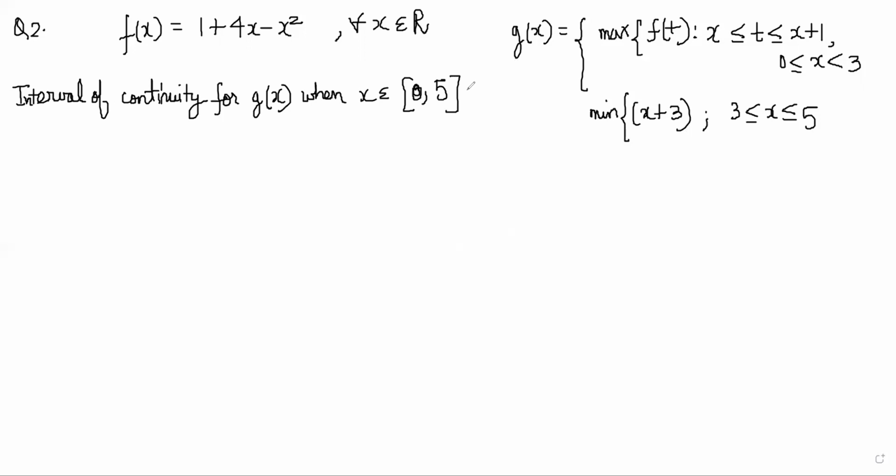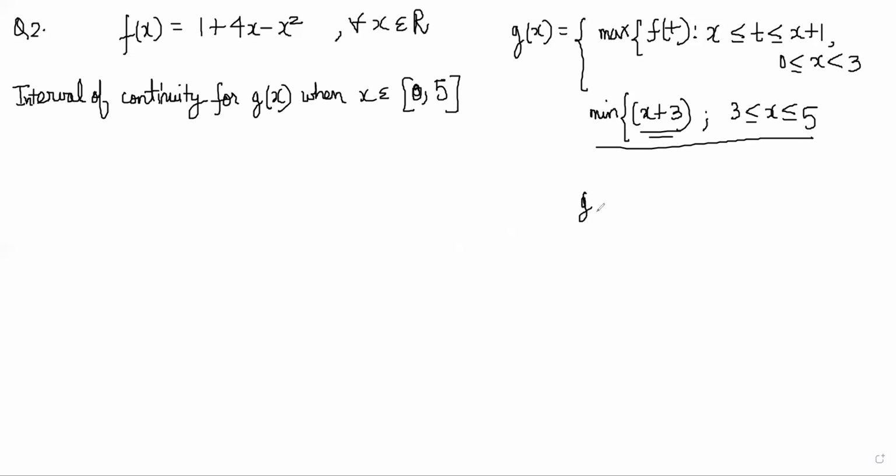So we have to basically understand our gx function properly, right? This part of gx is very simple. It is just 6, right? X plus 3 will go from 6 to 8, so minimum will be 6.